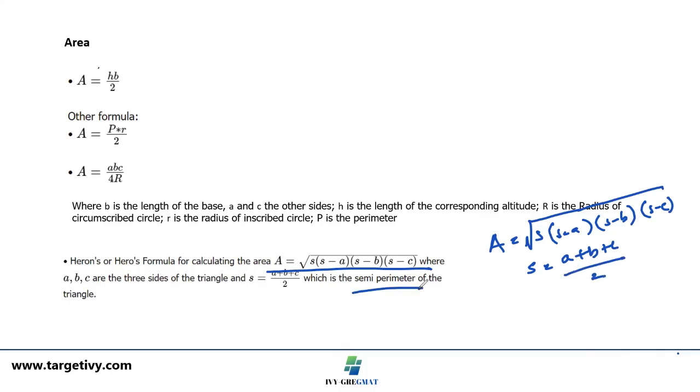The semi-perimeter multiplied by the semi-perimeter minus the individual sides, rooted over, gives us the area. Fair? Okay.